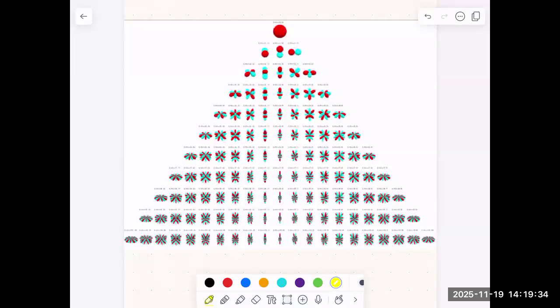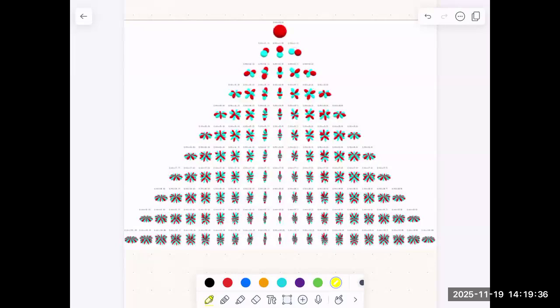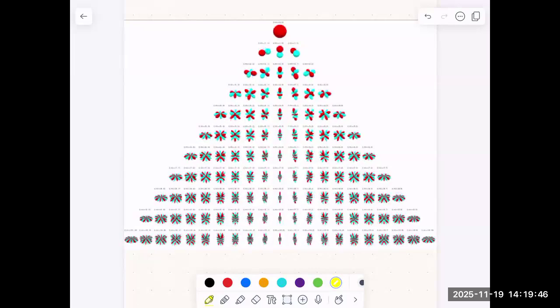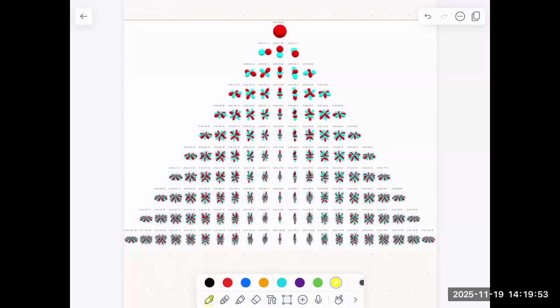If I see a big lobe, then that tells me I'm likely to find an electron in that direction. If I look in some direction that's off axis of a node, then I see nothing, then I will not find an electron in that direction. So that's how you interpret these kinds of pictures.